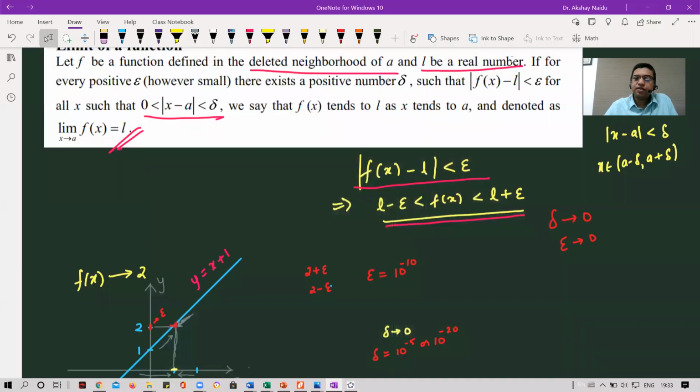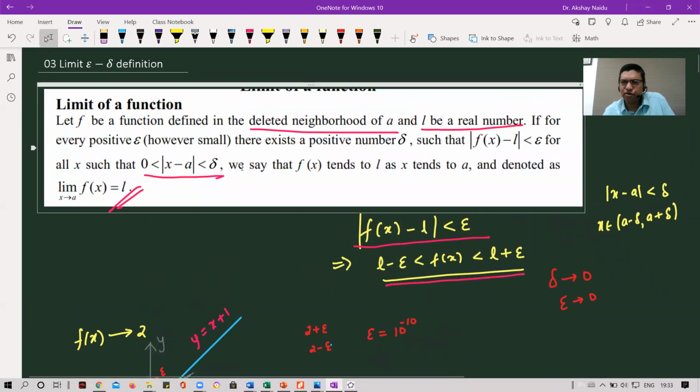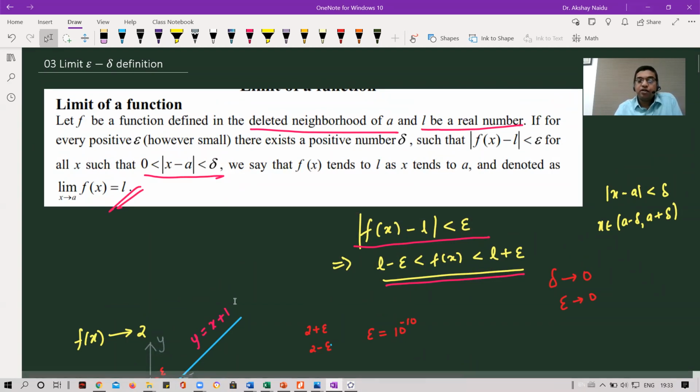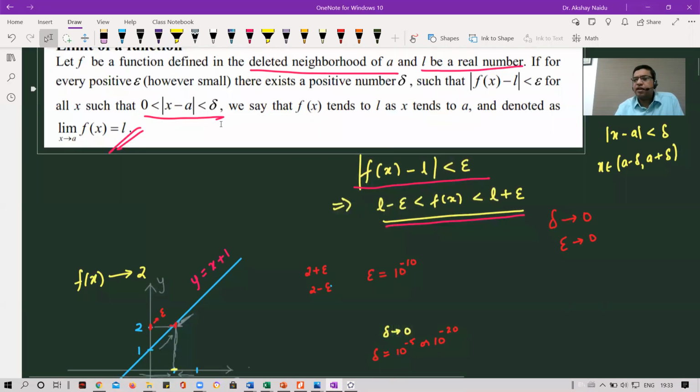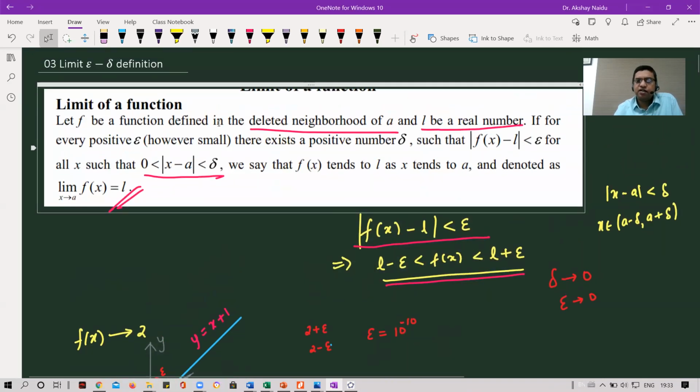That is why, for such complicated functions, this definition of limit holds very well, because it is very difficult to say, as x tends from the left, where the function value is going. It is oscillating between -1 and 1. So this much only you need to know about the epsilon delta definition of limit.